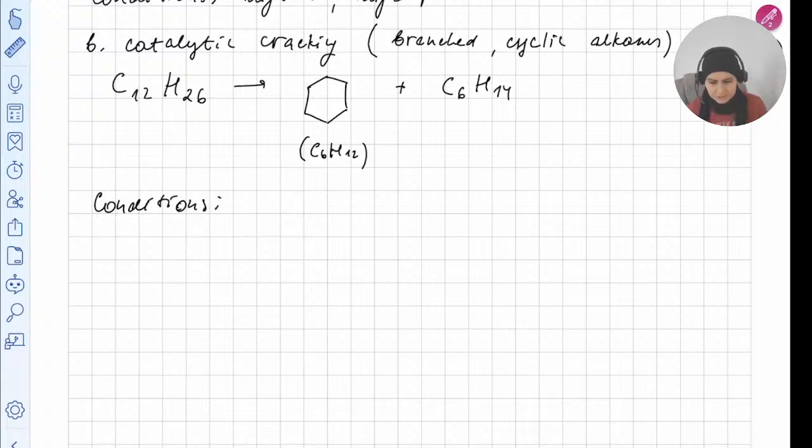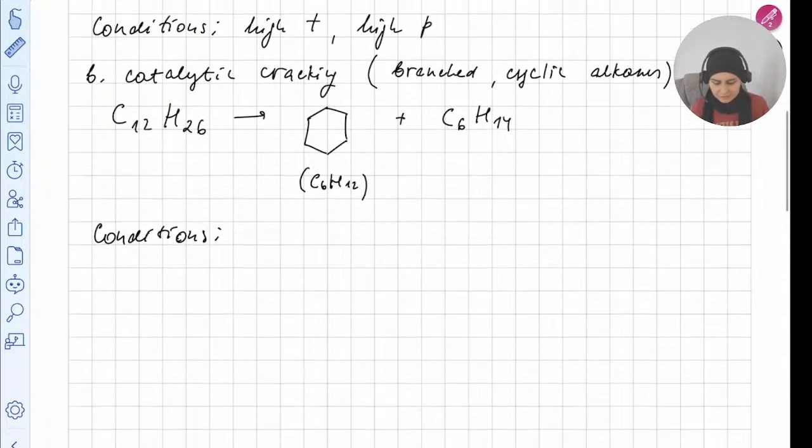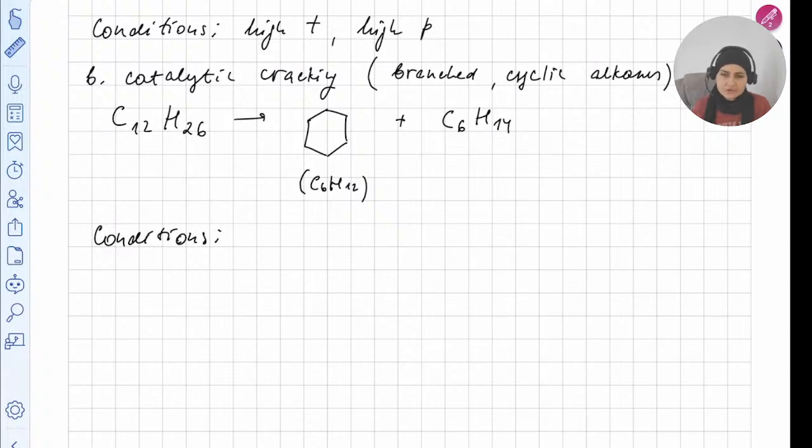Now conditions. Conditions for this would be slight or moderate pressure, so we don't need crazy pressures like before, high temperature and zeolites as catalyst. That's just one example. These examples are actually from AQA chemistry.